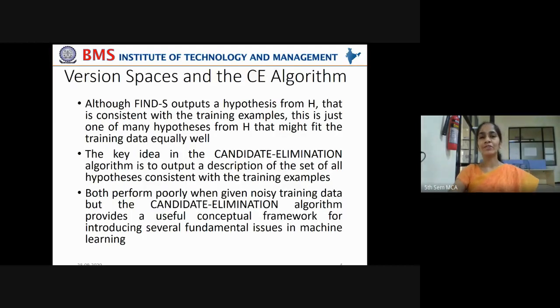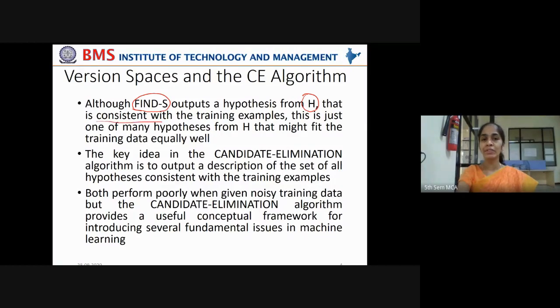Now, what is a version space and what exactly is this candidate elimination algorithm? Although Find-S outputs a hypothesis from H, we have seen this Find-S algorithm, right? It outputs a hypothesis from the hypothesis space H that is consistent with the training examples.